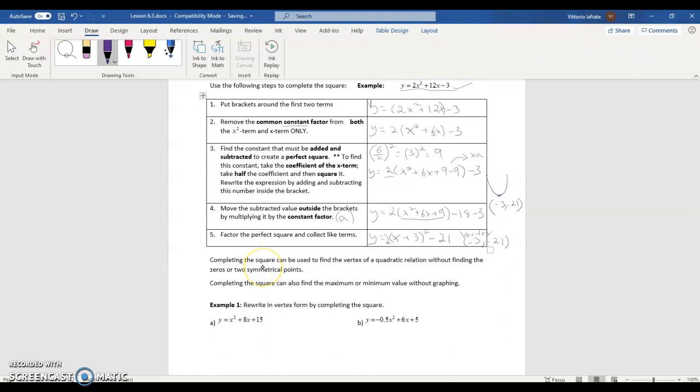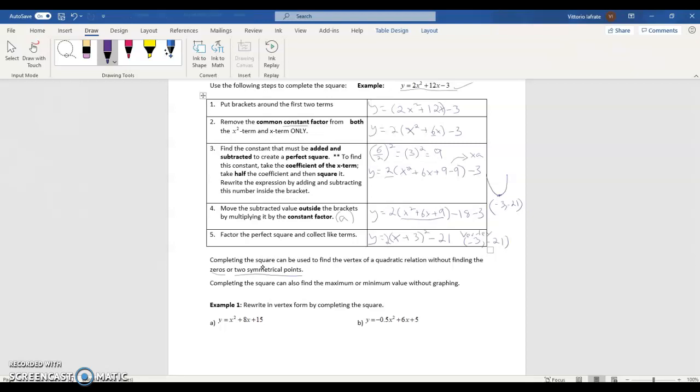So as I mentioned, you don't need to find the zeros or have two symmetrical points. You can just complete the square, and that allows you to find your vertex without even graphing. So we're going to do a few more examples of completing the square with the following scenarios here. You want to make sure you practice it, because at first glance it does seem simple, but it can be difficult to remember all the steps if you don't practice it.